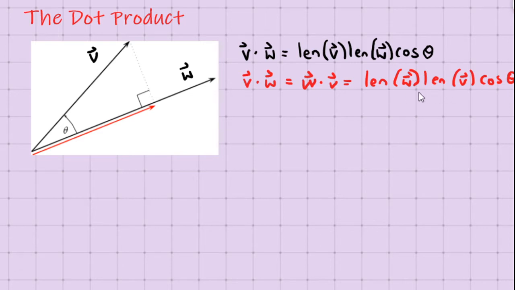Okay, so it's commutative, the dot product. I should also say that when you work out the dot product, the answer is a scalar, some scalar. Okay, so the answer is some scalar k.